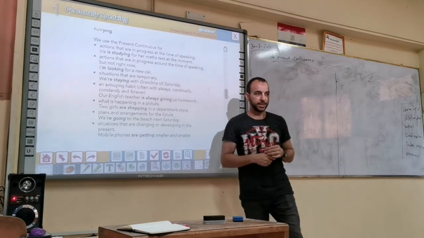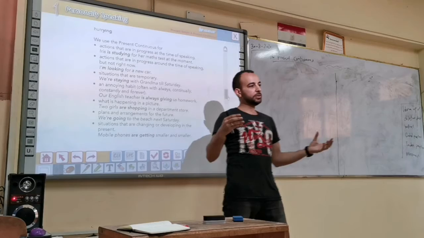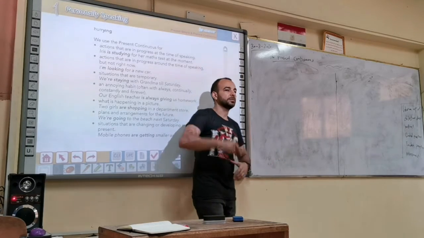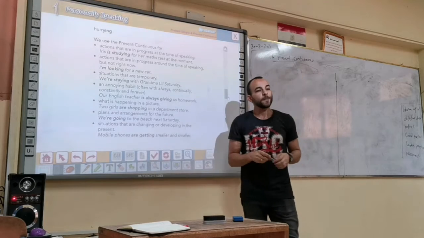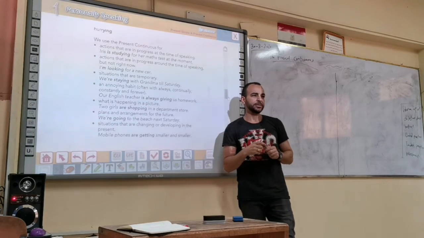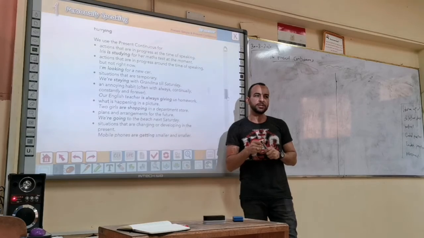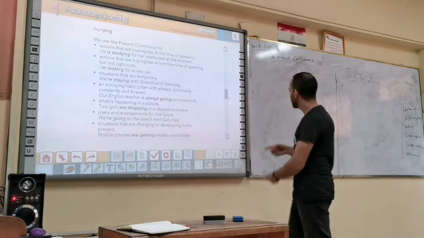Okay, I need someone to tell me an example of a situation happening at the time of speaking. Raise your hand. Yes, Tom. Mr. Ahmed is explaining the present continuous tense at the moment. Yes, of course. Let's try it.